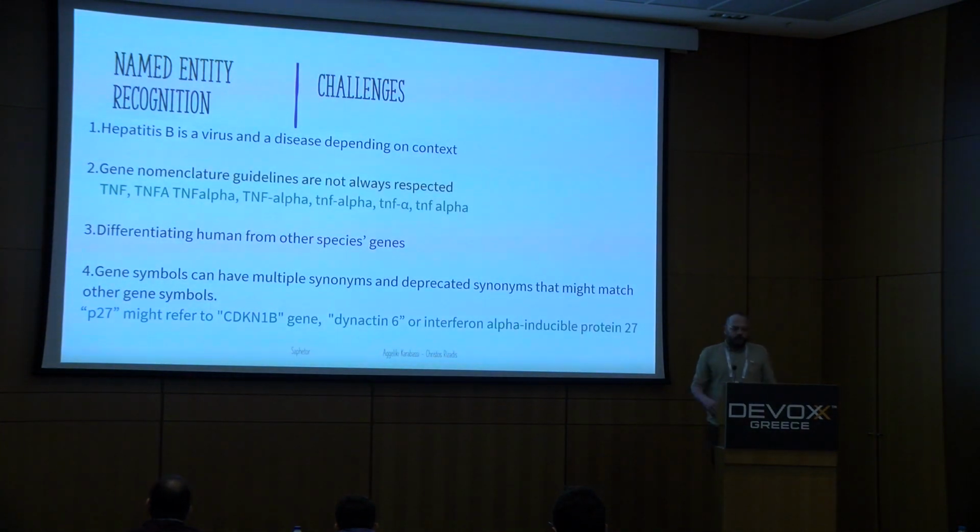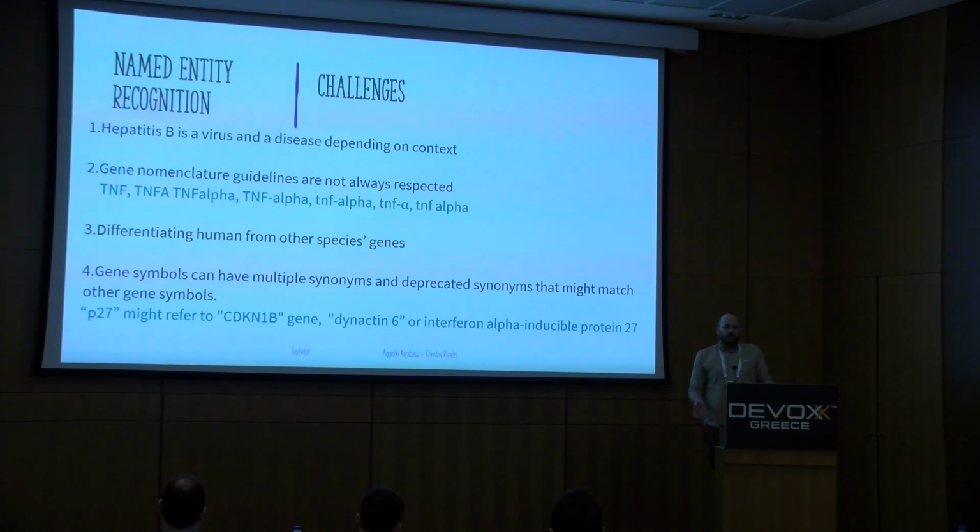The main challenges we faced were mainly related to entity disambiguation. For example, hepatitis B can refer to a virus or a disease, depending on the context. Naming conventions of genetic entities are also sometimes not respected. Generally, biologists are more likely to share a toothbrush than a naming convention. And this makes differentiating between proteins or genes quite hard.